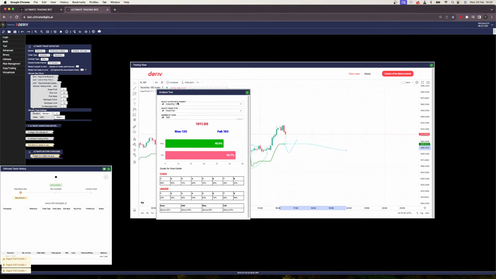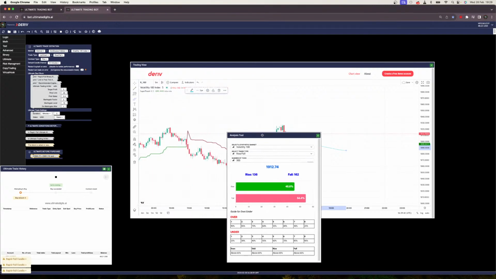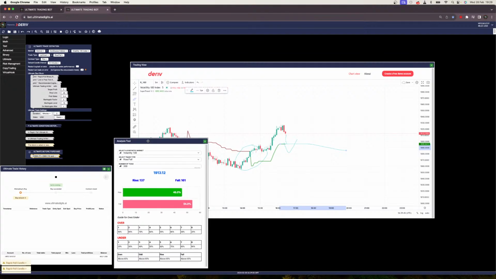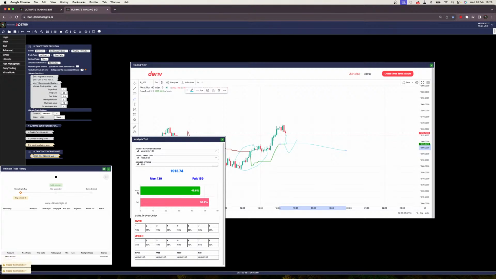It was also the strategy that has been used in the binary bot for finding breakout setups in the market, following the trend.